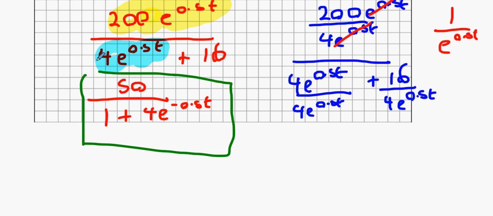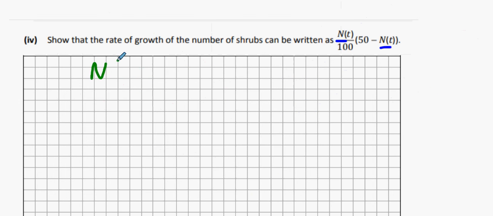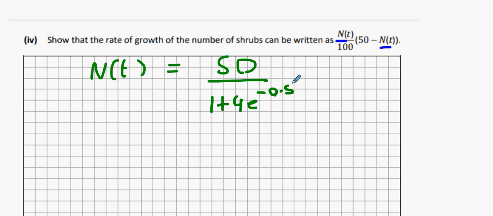And that's a lot simpler than the equation they gave us in part A, isn't it? Part A's equation was a lot more difficult. So I'm just going to write down n of t is 50 over 1 plus 4 e to the minus 0.5 t. Cool with that?